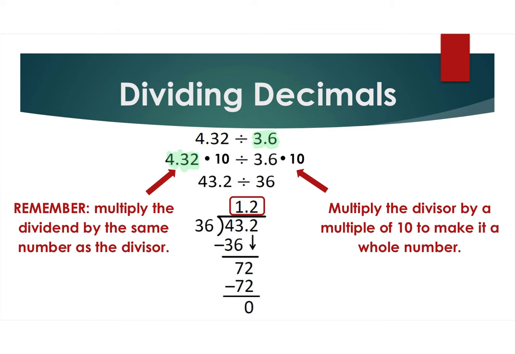So now I say, well, 36 can't go into 4, so I leave this spot open. 36 does go into 43 one time, and then I multiply 1 times 36 and subtract. I have to bring down the next digit, and 36 goes into 72 2 times. 2 times 36 is 72, and I end up with 0, so I stop there.